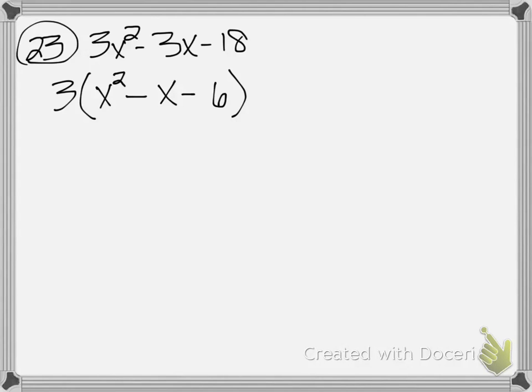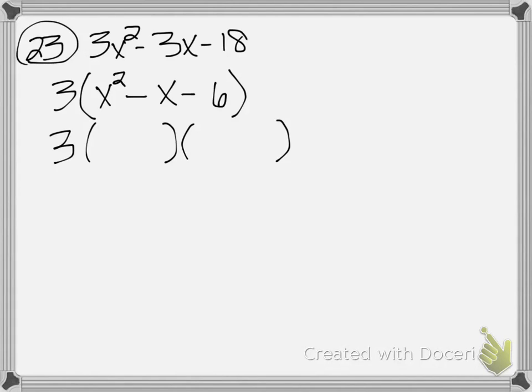Okay. Now we have to check and see, will x squared minus x minus 6 break down? And if it does, it will break down into 2 sets of parentheses. Now, x squared minus x minus 6 shouldn't be too hard to break down because it's 1x squared. Remember when there's just that imaginary 1 sitting in front?